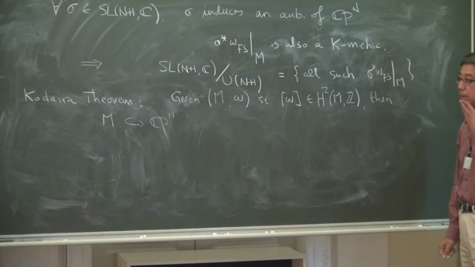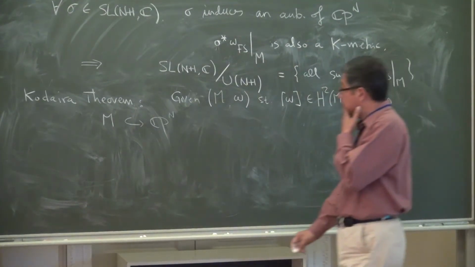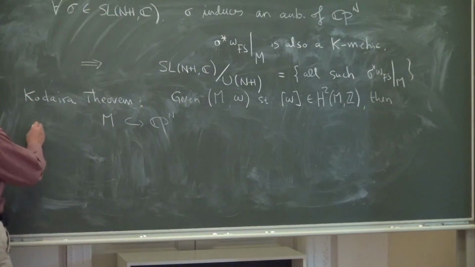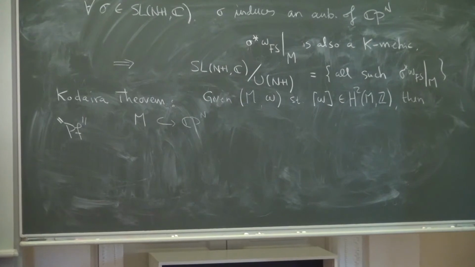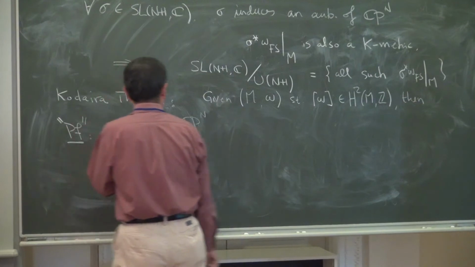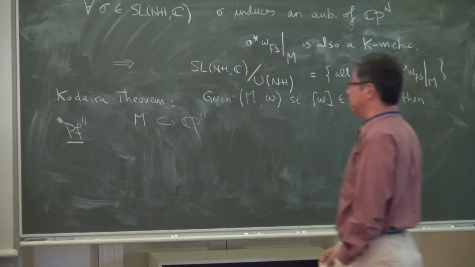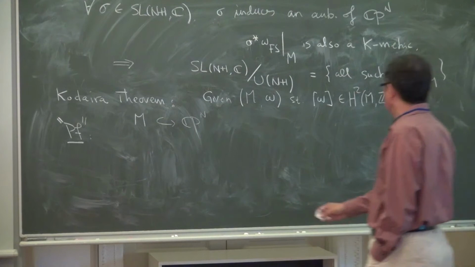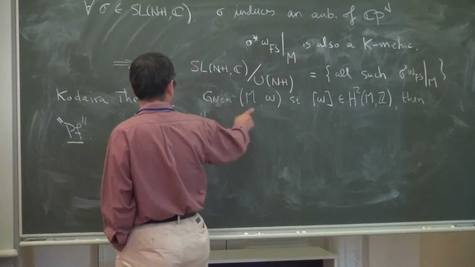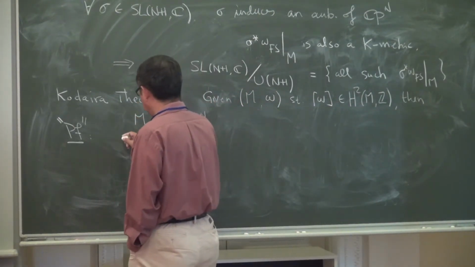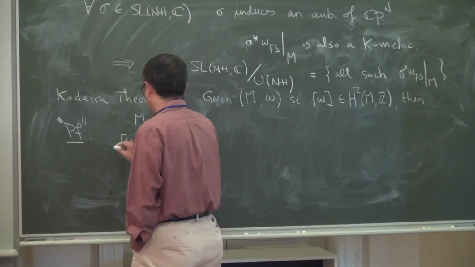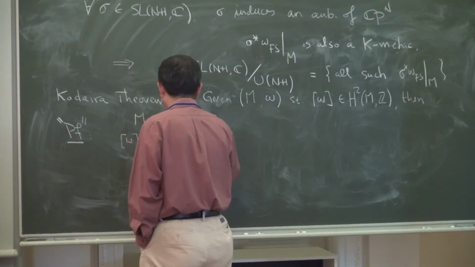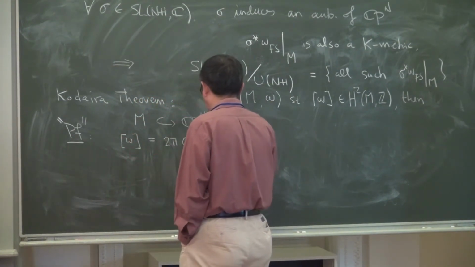So more precisely, how they did it. It's not a proof, it's a real outline. Okay. So how do I get this? Because this is an integral class, you can see this omega is, maybe up to 2 pi, the first Chern class of some line bundle.